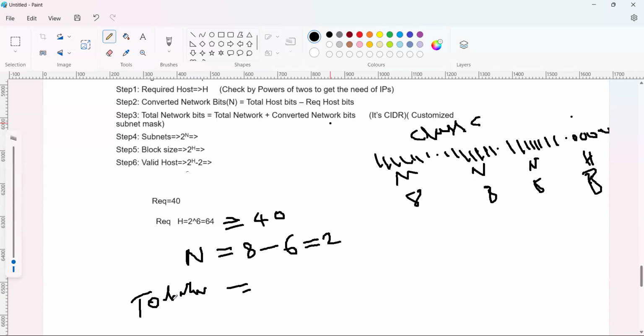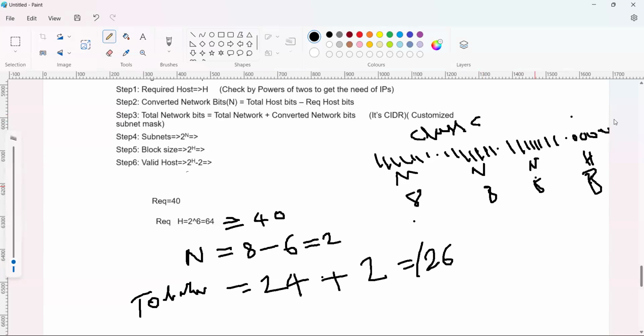Here the total networks are 8 plus 8 plus 8, that is 16 plus 8, 24. Here the converted bits are 2. This one is the converted bits, that is 26. It is the slash value, and this is the subnet mask also.